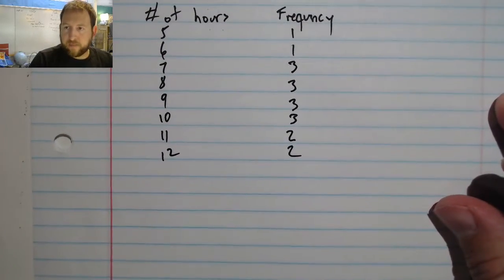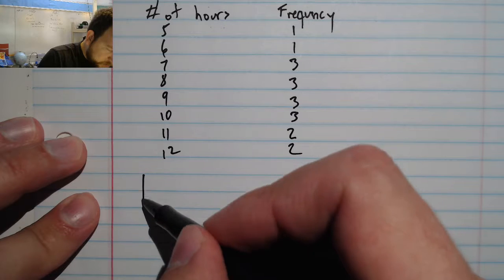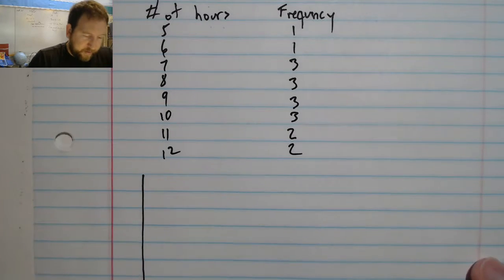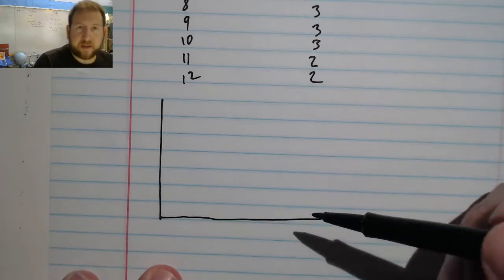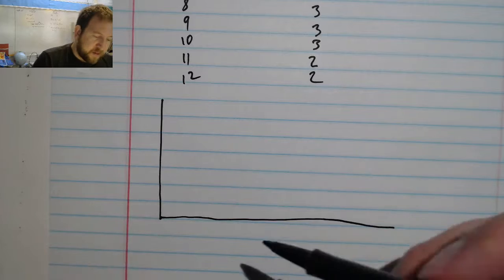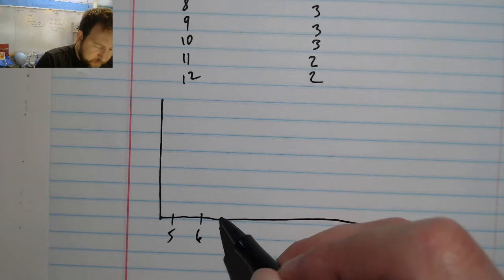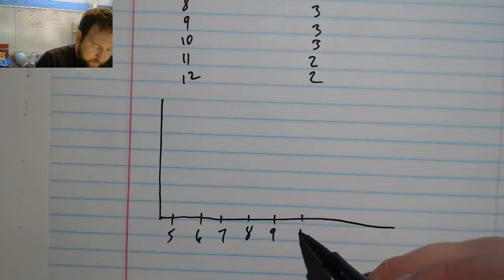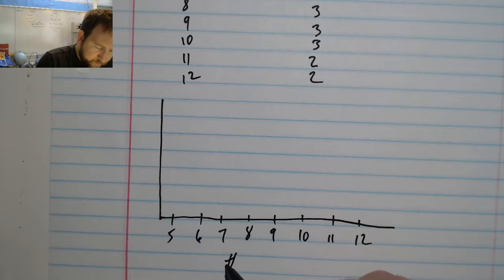Got my chart here. Now I'm going to build my bar graph. So again, I'm going to build it like this, and I'm going to have the numbers growing based on the frequency changes. So that means I'm going to have blocks of numbers of hours, 5, 6, 7, 8, 9, 10, 11, 12.